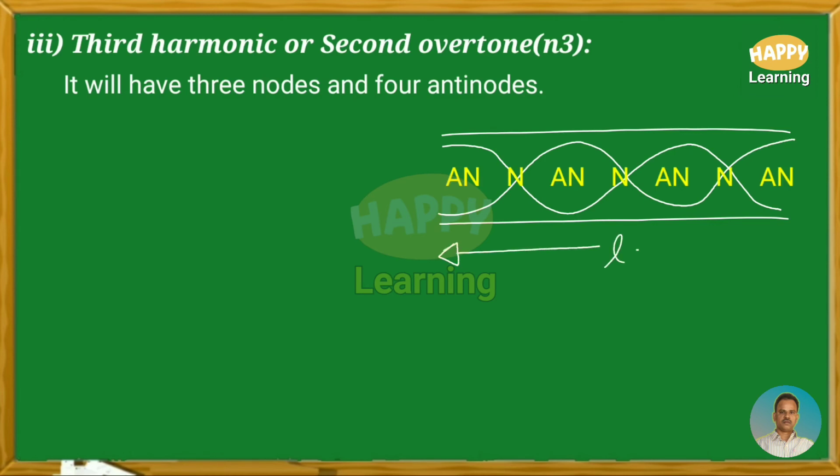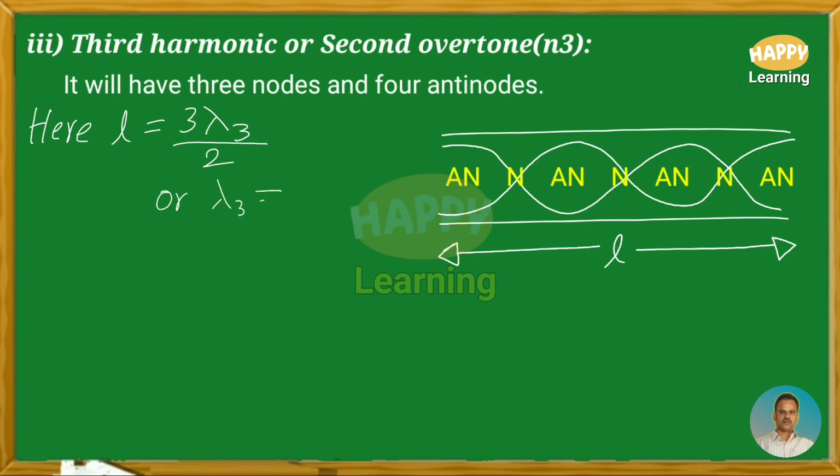So together 3 nodes, 4 antinodes, and the length of the tube as usual is taken as L. Here the length of the tube L equals 3 lambda 3 by 2. As it is the third case, lambda 3 symbol is taken, or lambda 3 equals 2L by 3.